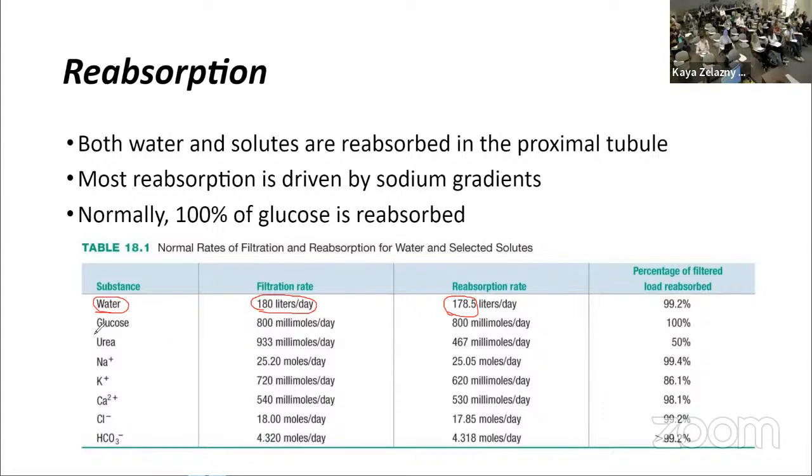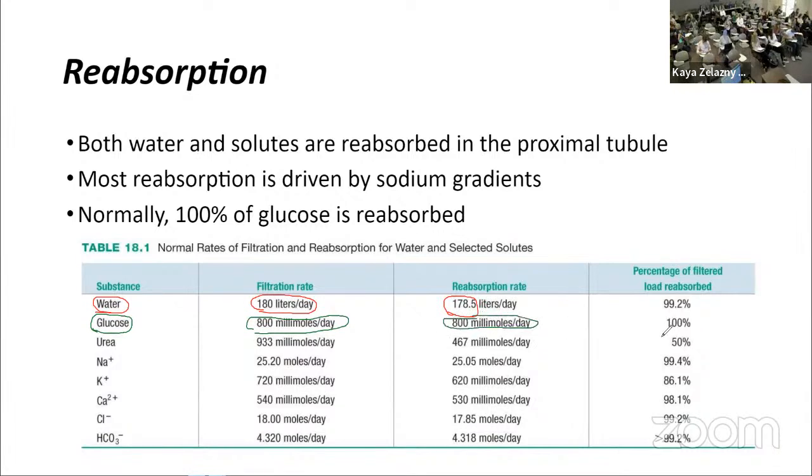For our other substances, the main one we usually talk about, because we often think about diabetes when we think about kidneys, and your blood sugar levels are important to you, is glucose. You have 800 millimoles per day being filtered into the nephron, and your reabsorption rate is also 800 millimoles per day.